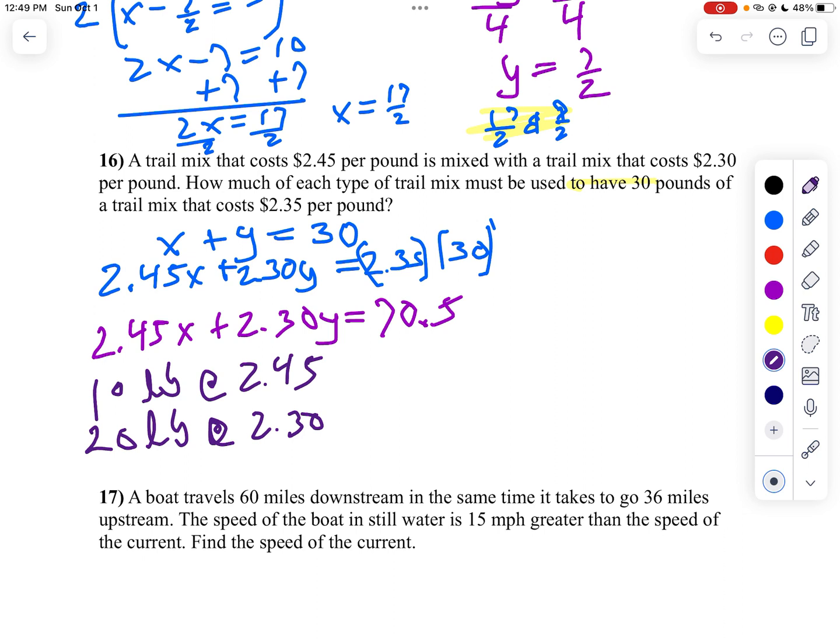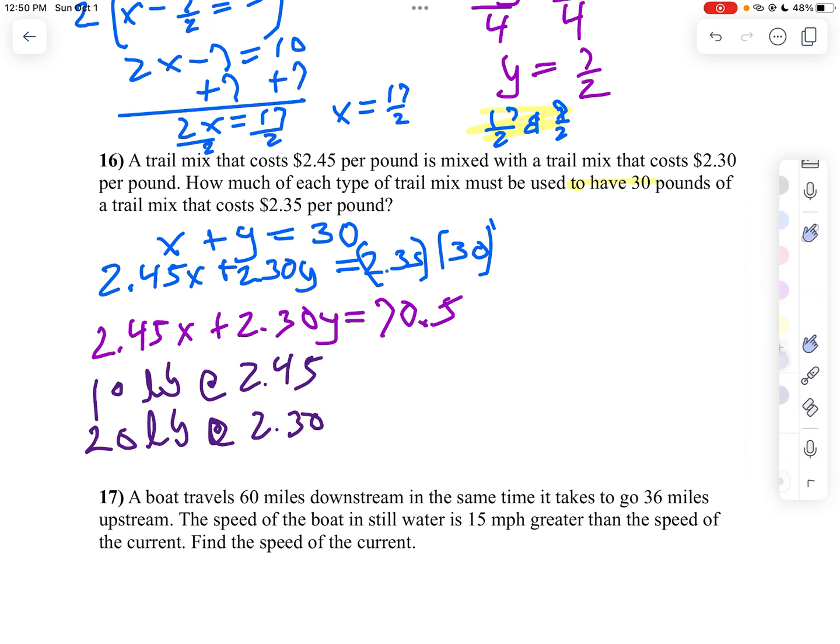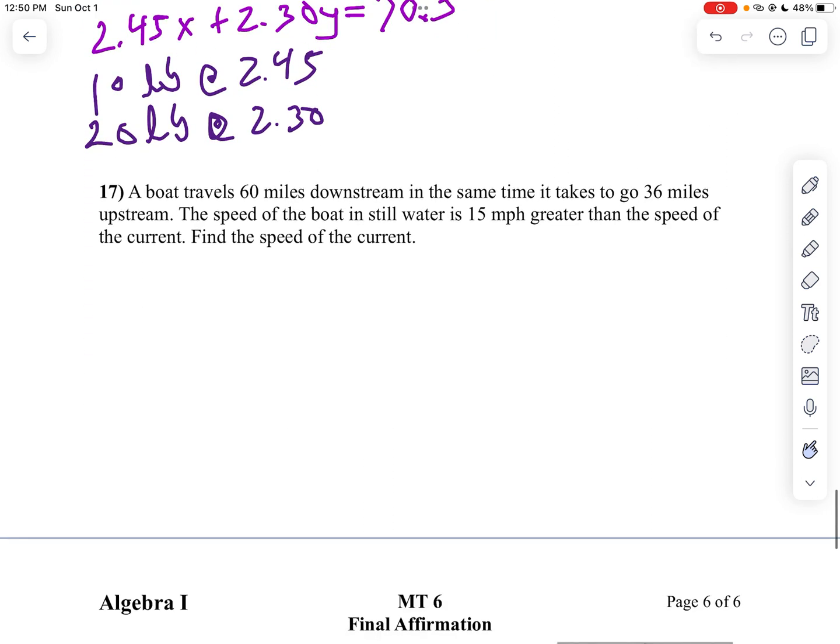And number 17. Hey, if you want to try 17 by graphing, good luck to you. Because this one I put on here to make it hard to graph, to show you that there are some questions that it is not best to graph. Because you might be thinking at this point, hey, can't I graph for all my problems?